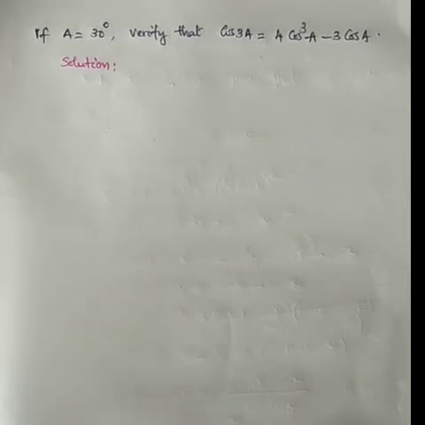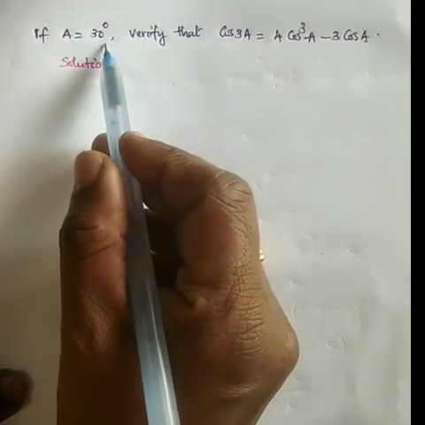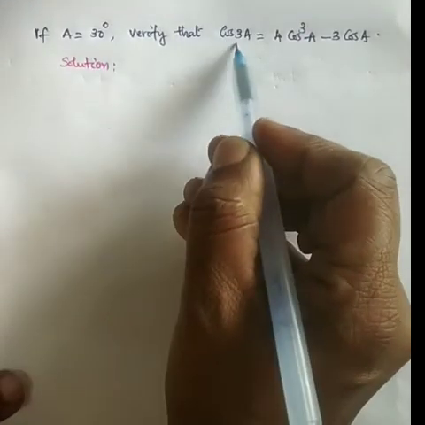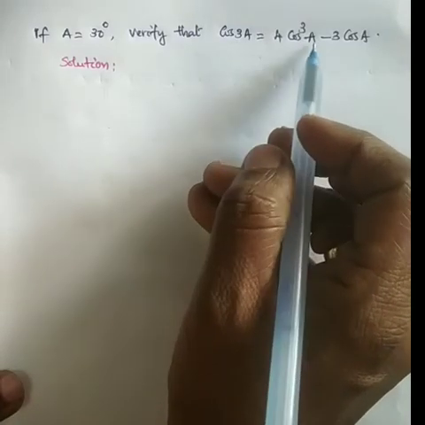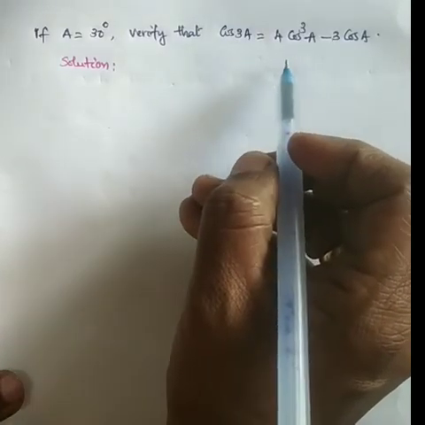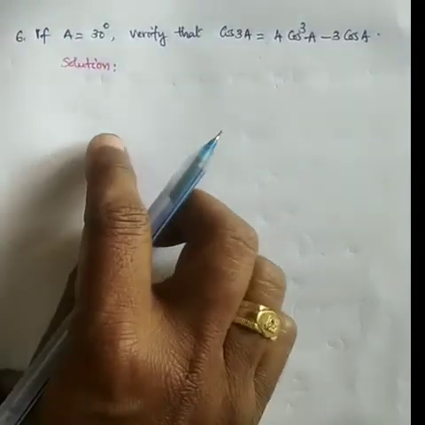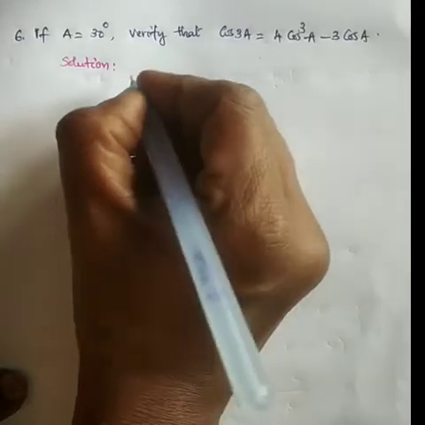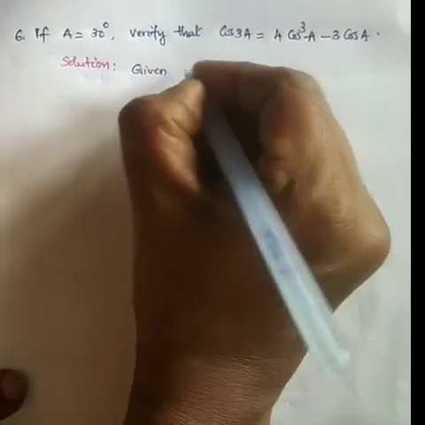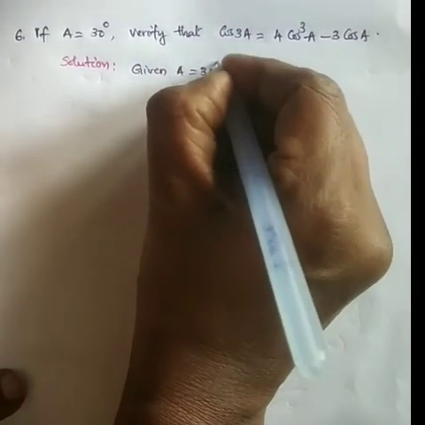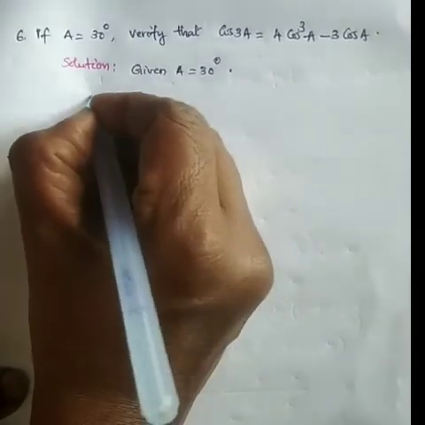See another example. If a equal to 30 degree, verify that cos 3a equal to 4 cos cube a minus 3 cos a. Solution of this problem. Given a equal to 30 degree. First take the LHS.